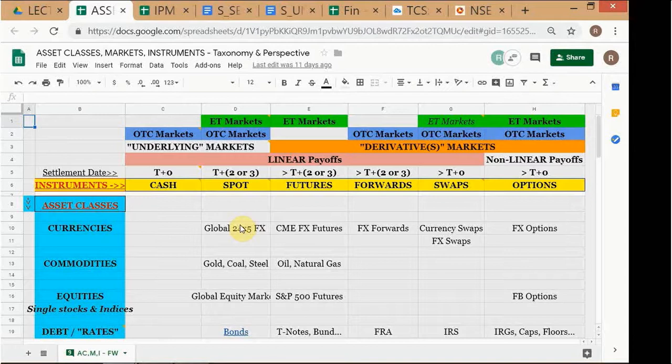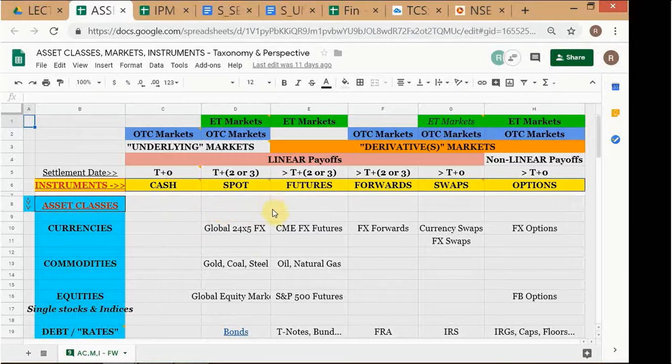The other thing you have to remember is that the price for each of these types of instruments will differ because the settlement dates differ, because of the time value of money and sometimes the yield on a particular asset. When you realize that money makes a difference to the pricing. So the price always differs based on the actual settlement date.